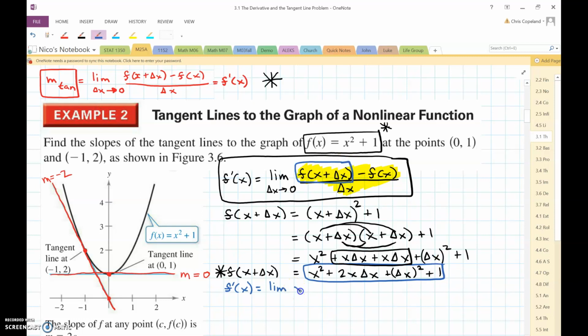So it's going to be x squared plus 2x delta x plus delta x squared plus 1 minus f of x. So f of x is x squared plus 1. Notice that I put that in parentheses so I will distribute the negative all the way through the function. And that is all over delta x, again as delta x approaches 0.